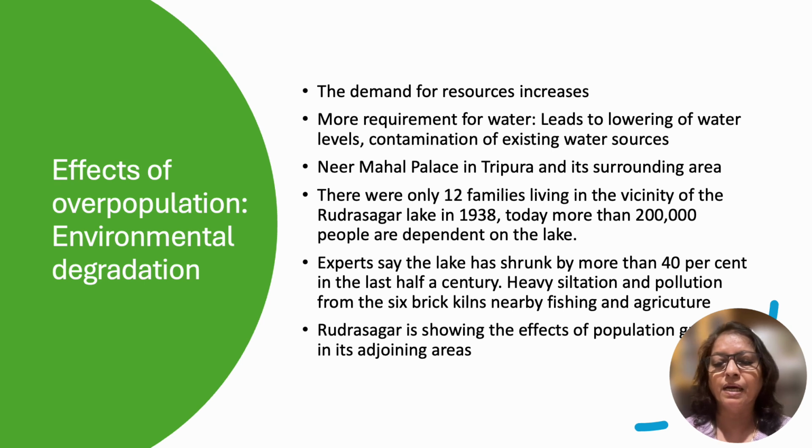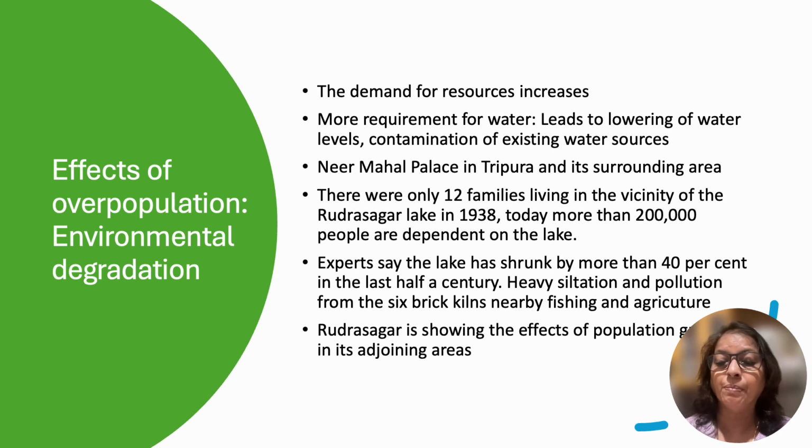See, I was just looking at some northeastern states and I find them so beautiful. For example, I was looking at Shillong because I intend to travel, and then I was looking at Tripura. And very sadly, apologies to Tripura for giving this example, the internet says that the Neermahal Palace in Tripura is located on the Rudrasagar lake, and when the palace was built in 1938, only 12 families were living in the vicinity of the lake.